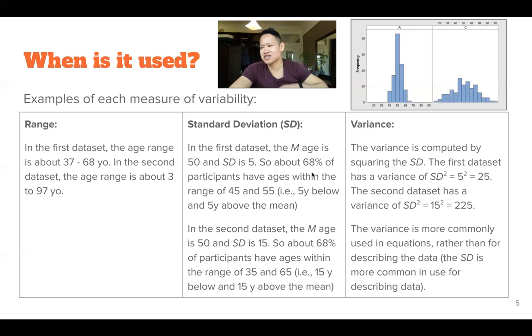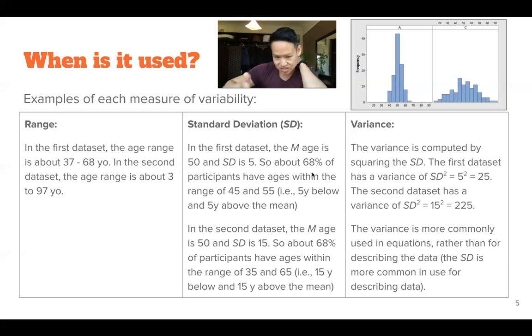That's a helpful thing about standard deviation, because we'll learn about this in future lectures. Standard deviation is really helpful for letting the audience know how much of the participants in your sample fall within a certain range.